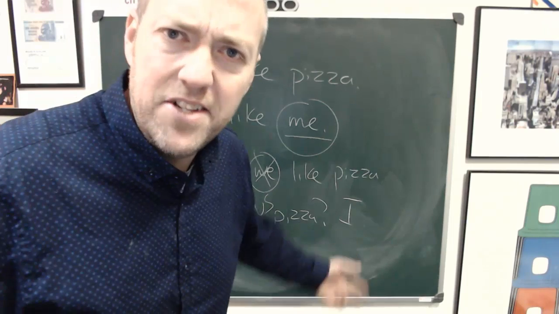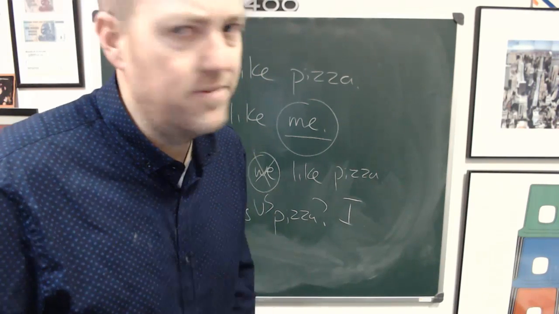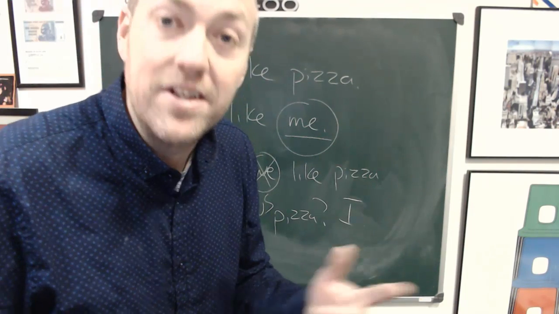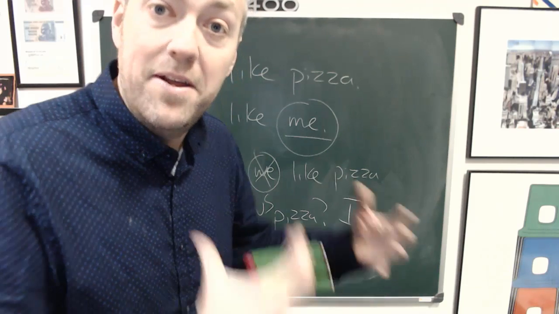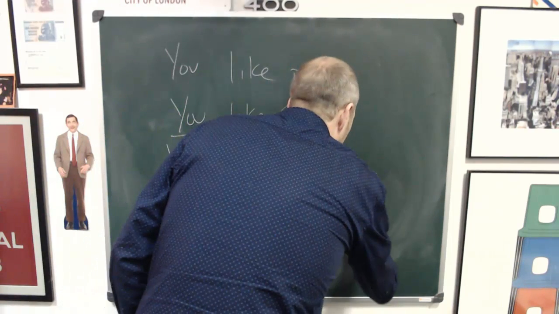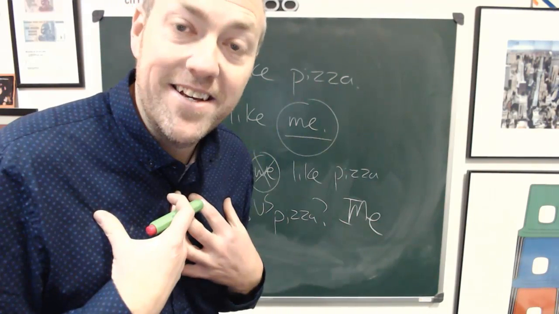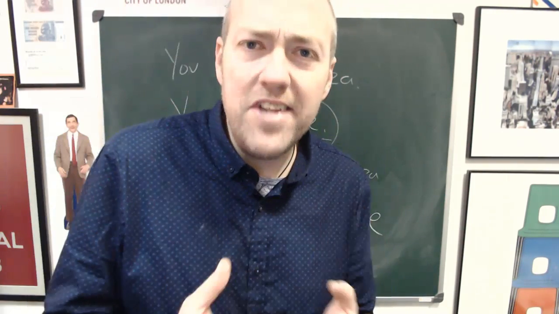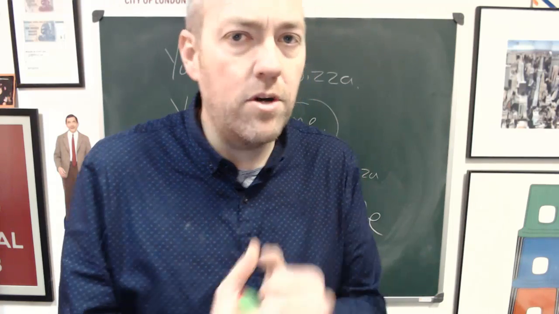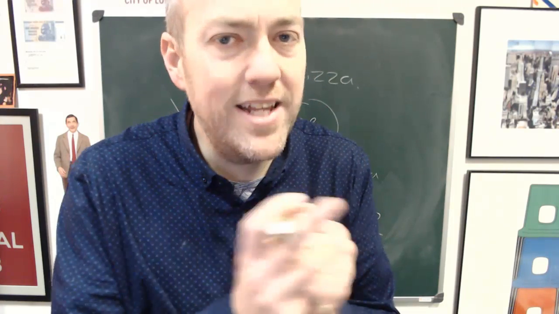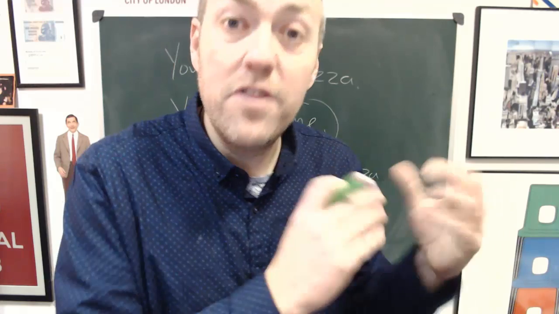Because "I" is the subject of the sentence, "I." No, it's not correct. You have to use the pronoun "me." Who likes pizza? Me. So you can see that subject and object pronouns don't really exist. This is the true rule.